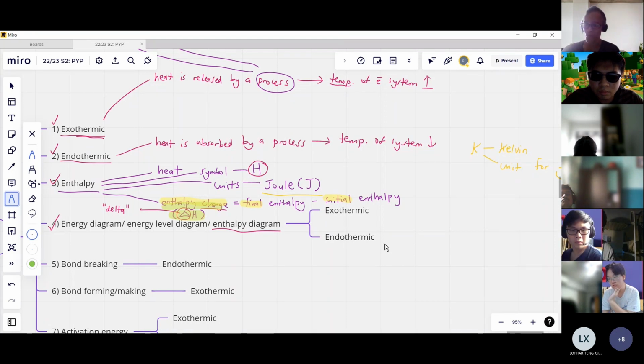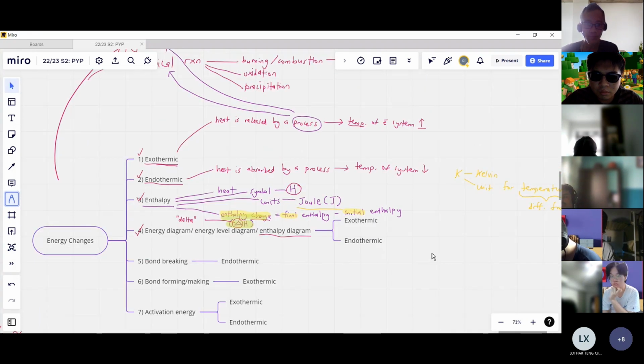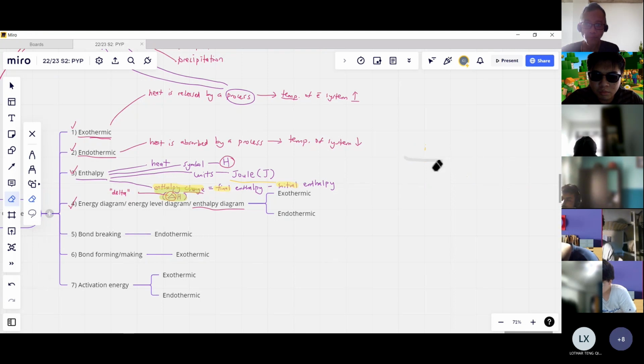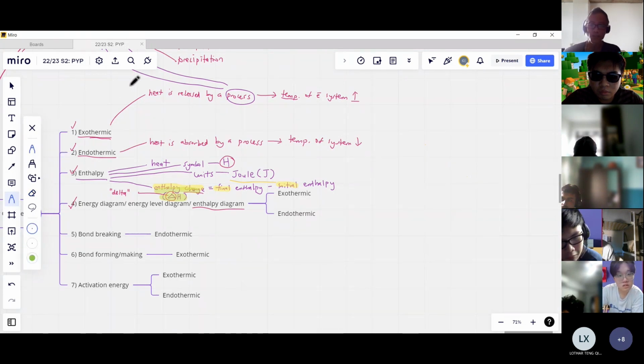So what does it look like? Let me just erase some stuff first. For your syllabus, there are 2 kinds of representations. It's not exothermic and endothermic.